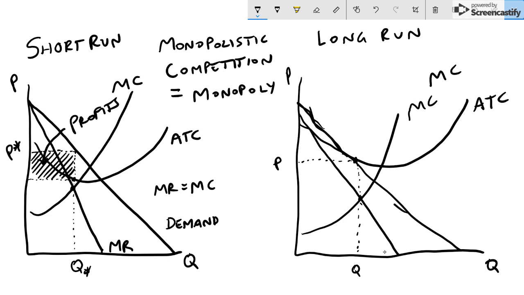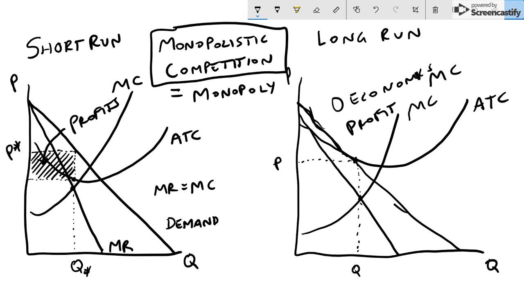Costs just happen to be at the same point, the same level as P, and we have the same quantity, right? So we're subtracting revenues minus costs. So we're going to get zero economic profit in the long run. And this, again, is monopolistic competition, short run versus long run.